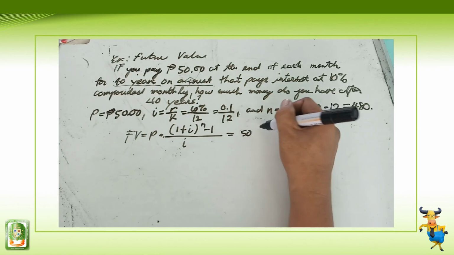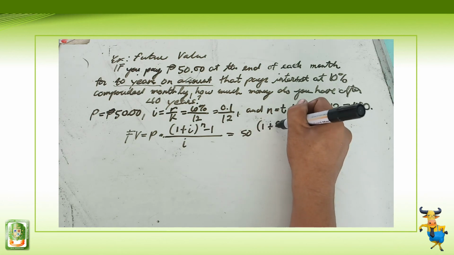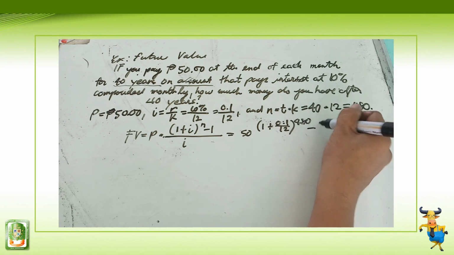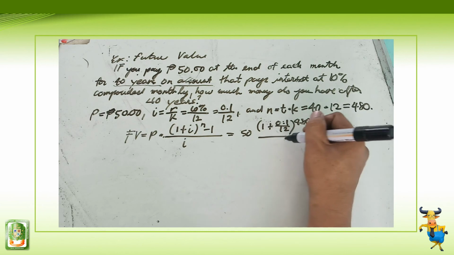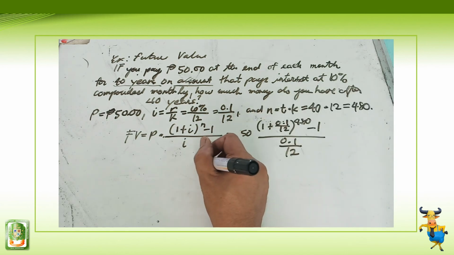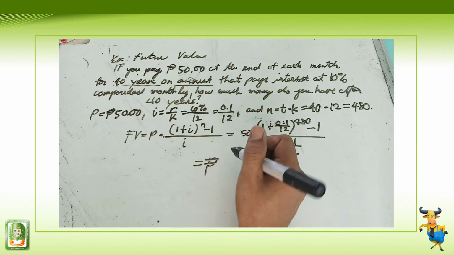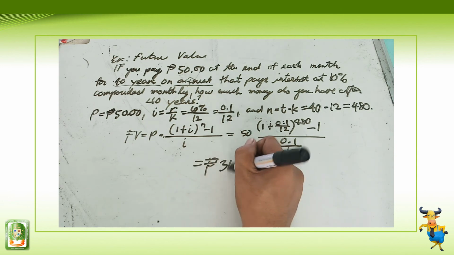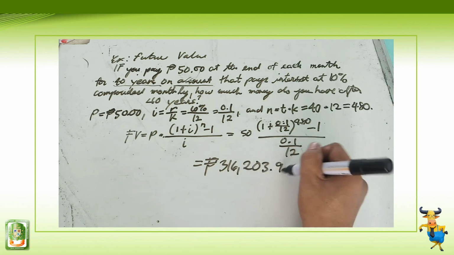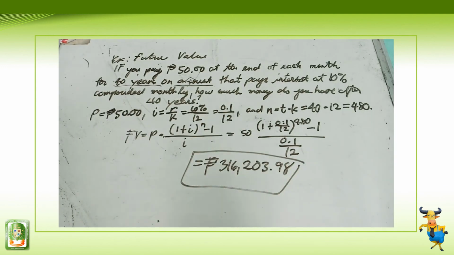So is equal to 50 times 1 plus 0.1 over 12 raised to 480 minus 1 over 0.1 over 12. So the total of that is, for 40 years, makakaipon ka ng 316,203.98. Ito yung magiging future value mo for 40 years.